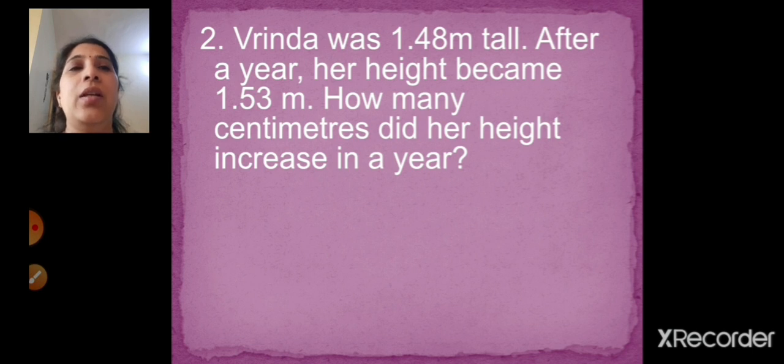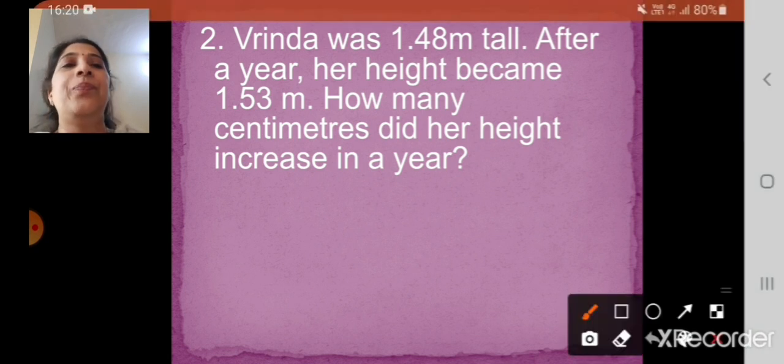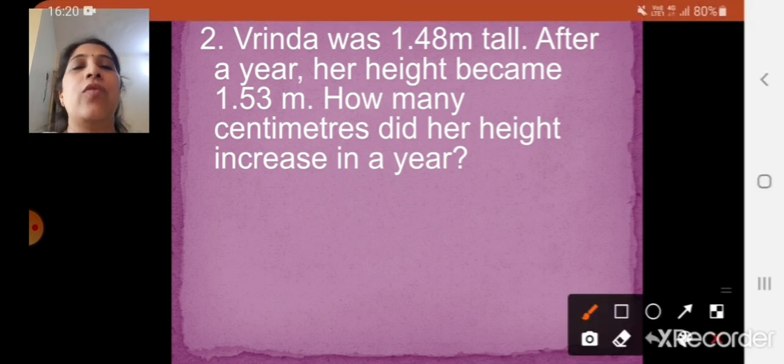Now the second question is, Vrinda was 1.48 meter tall. After a year, her height became 1.53 meter. How many centimeters did her height increase in a year? Right? So what is the question? Vrinda was 1.48 meter tall. Now her height has become 1.53 meter.